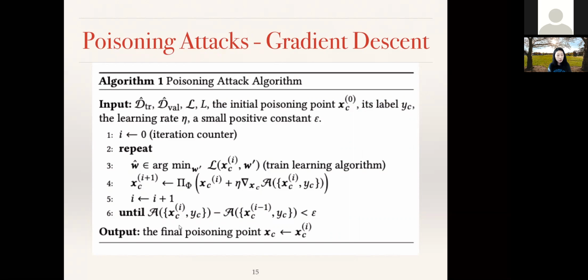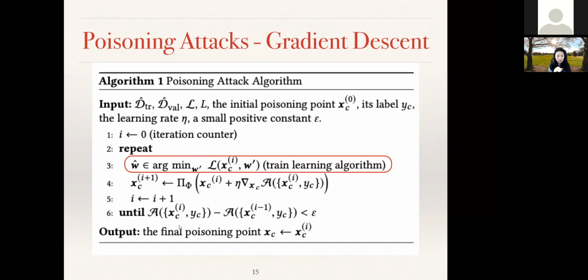Basically, last time we talked about algorithm 1. You have this iterative process where you update your omega hat by solving a training problem, so you train a learning algorithm, right?